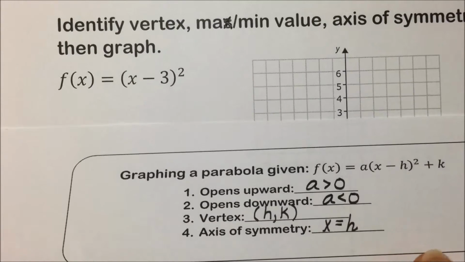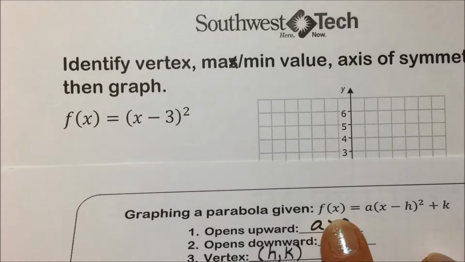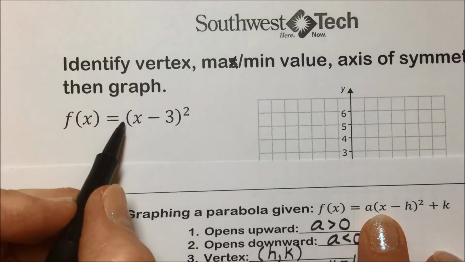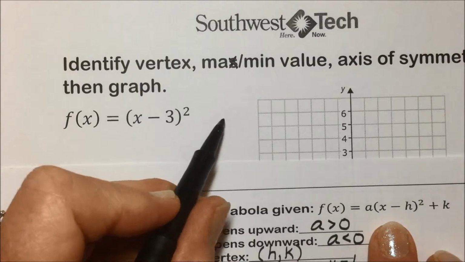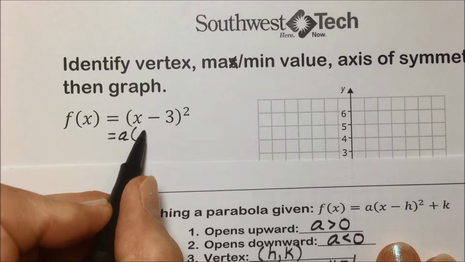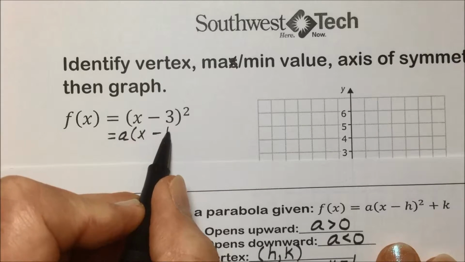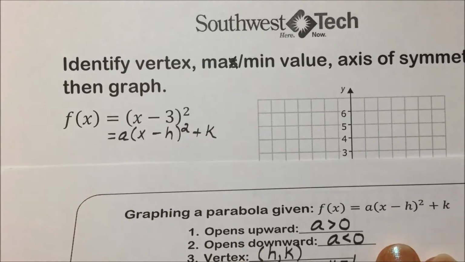And if we compare it to this general form here of f of x is equal to something times x minus h squared plus k, we can glean quite a bit of information and the characteristics of what this quadratic equation is going to look like from the values that are in this particular equation.